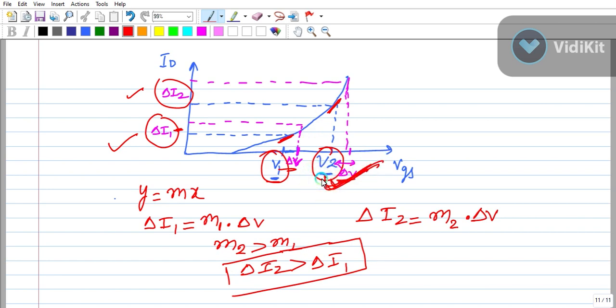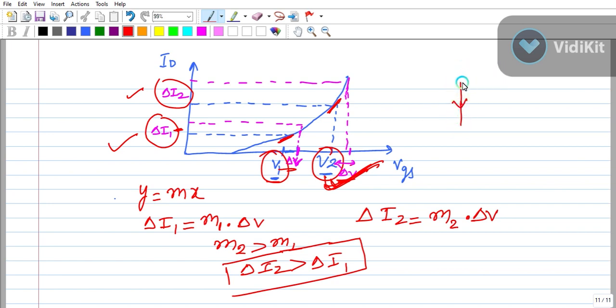This is good, but is there any disadvantage for keeping this biasing V2? Yes. If you are keeping this, then the current ID will be more.